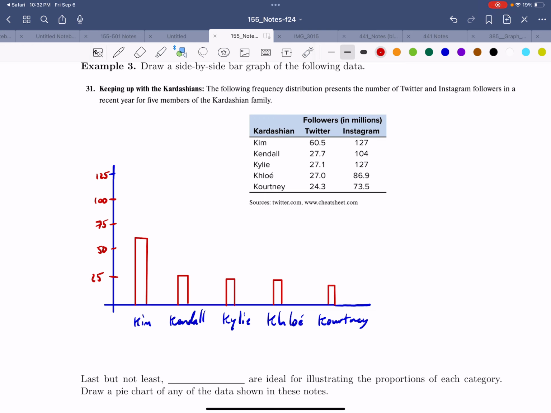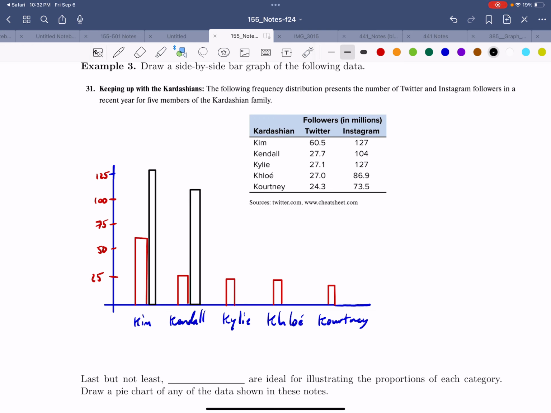But now what we do is we say, okay, what about Instagram followers? So let's make that pop with black, right? So 127, right? So we've got that. Oh, not quite what we wanted. Okay, so we have that with Kendall, also very high.